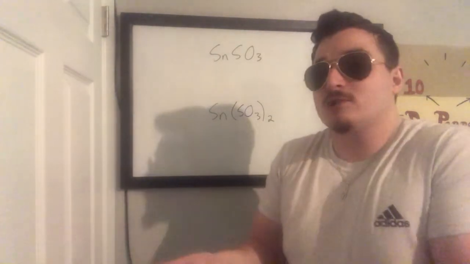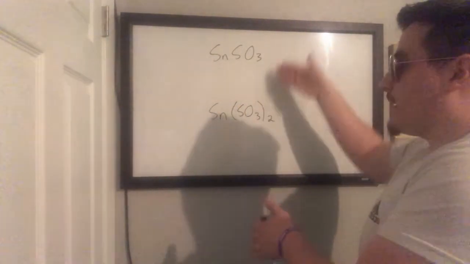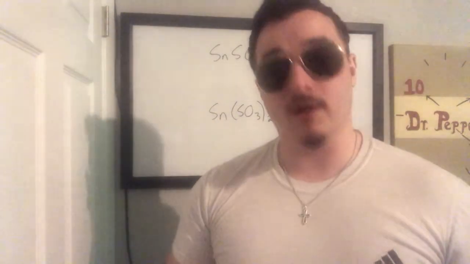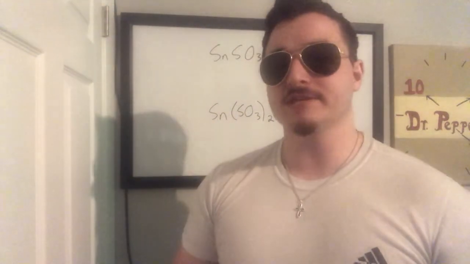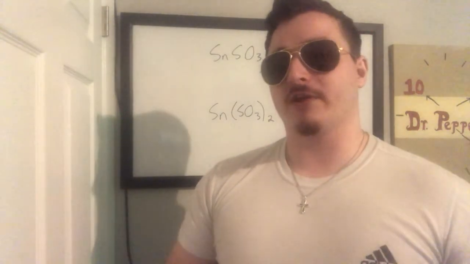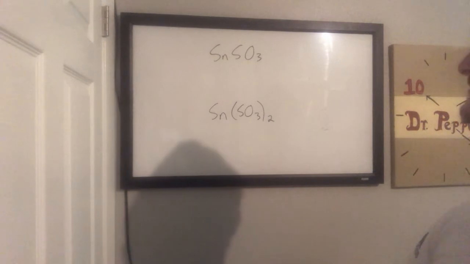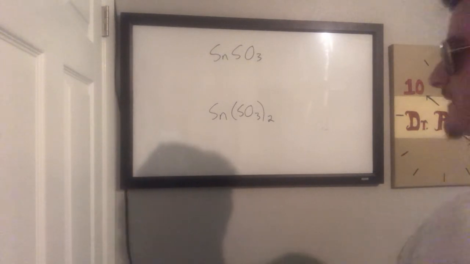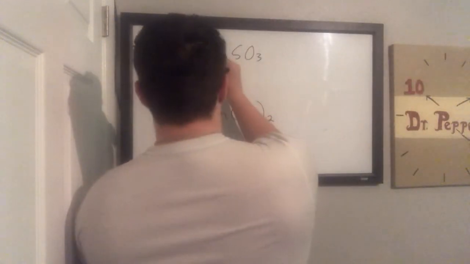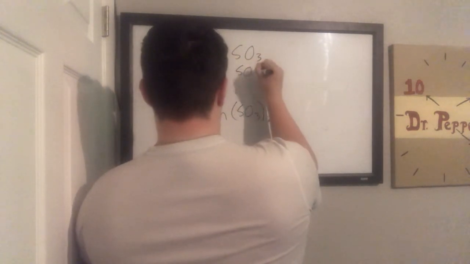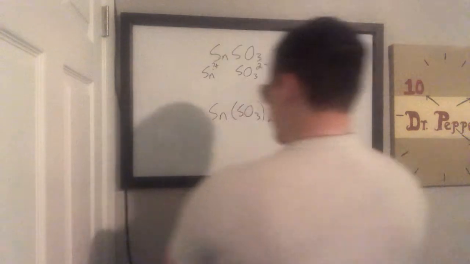If I just said tin sulfite, well, which one? And remember, tin is not technically a transition metal, but sort of behaves like one. It does have two different oxidation states, two different charges, and so we're going to figure out which one of those each of them are. There's only two different possible ones for tin, and so we're going to assign those now. And so what we have to do is undo the crisscross. Tin has a mystery charge, but sulfite always has a charge of 2.